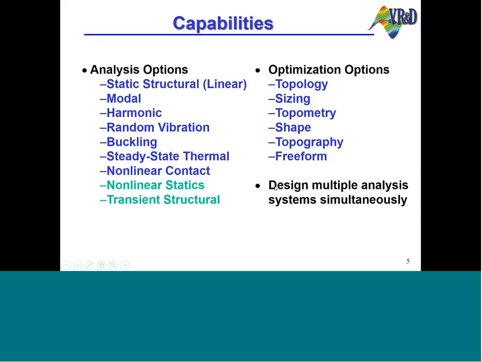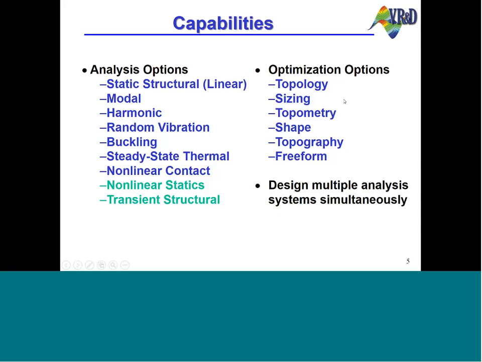Genesis can design multiple analysis systems simultaneously. For example, the user can design for static and modal at the same time, or they can design thermal and structure at the same time. So it supports multiple analysis systems at the same time.